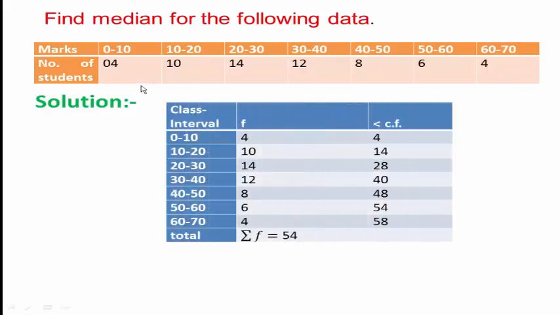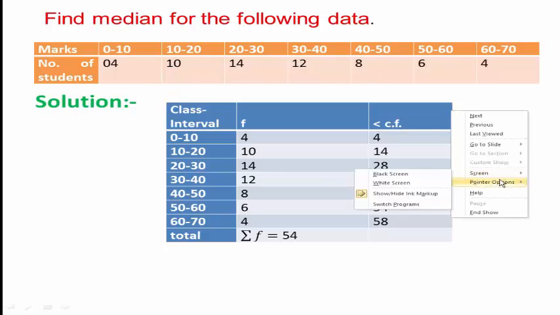So first we have to prepare this table. In this table we have added a new column whose heading is less than CF. Here first we take x as the variable.